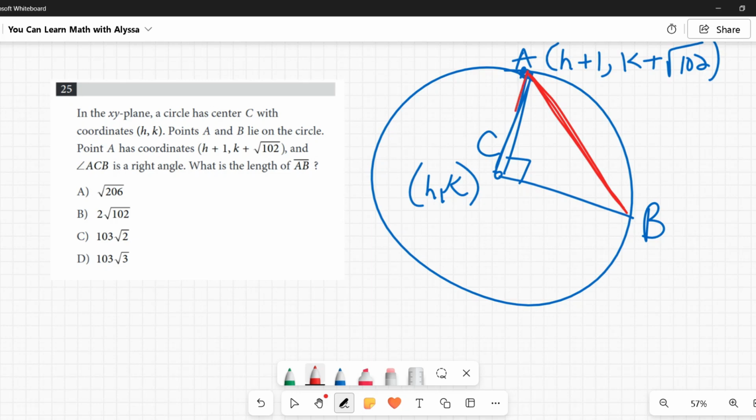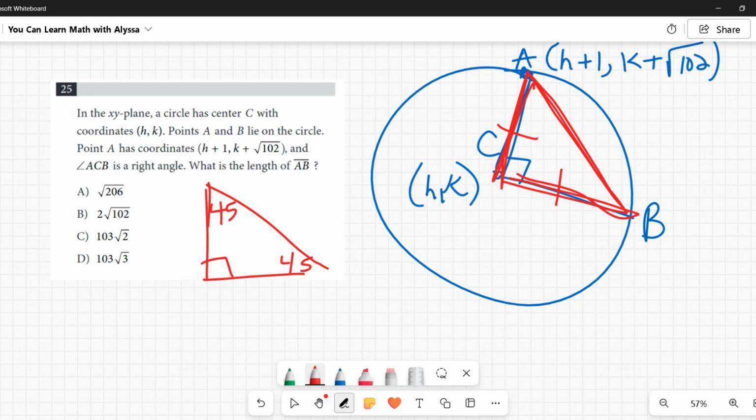Now I know this is a circle, and both A and B are lying on the circle. So AC and CB are both radii of the circle, so they are the same. The circle has a radius the same all the way around, right? This is an isosceles right triangle, so it's a 45, 45, 90 right triangle.